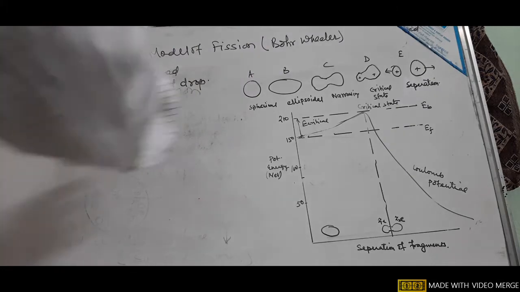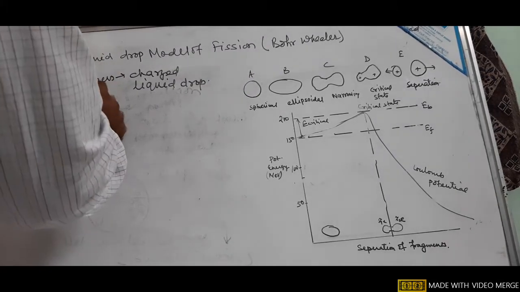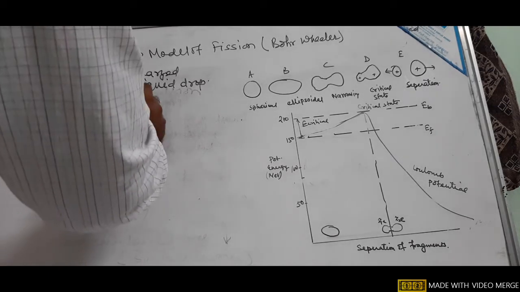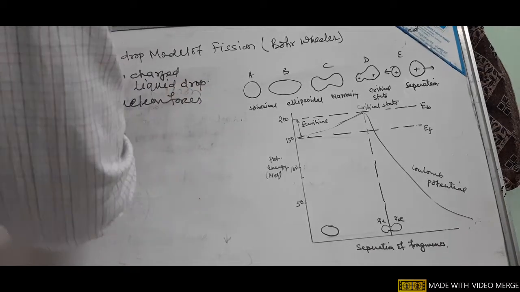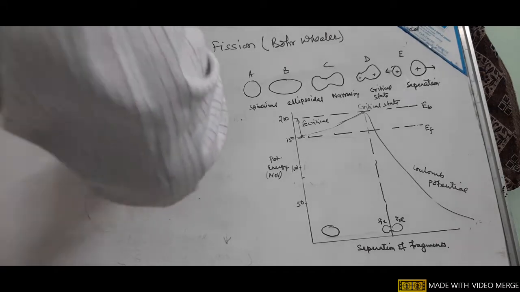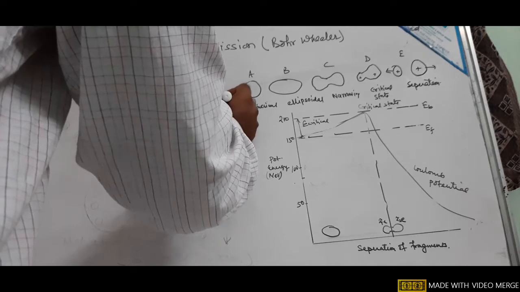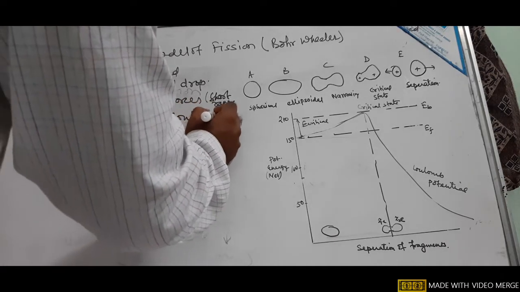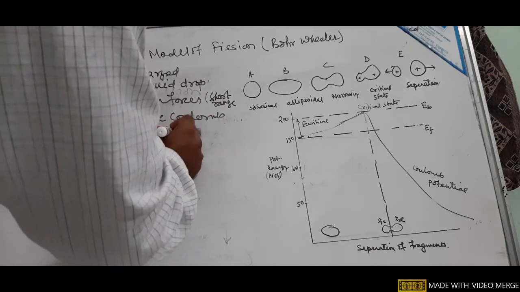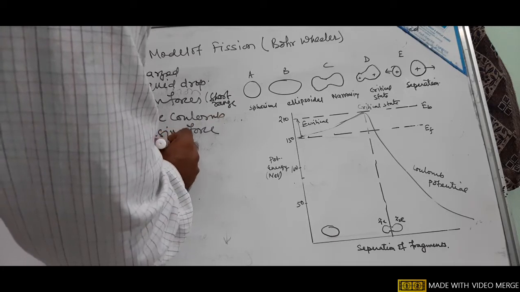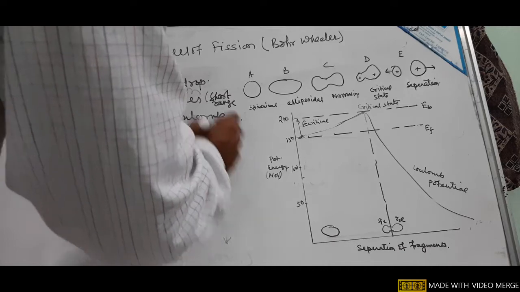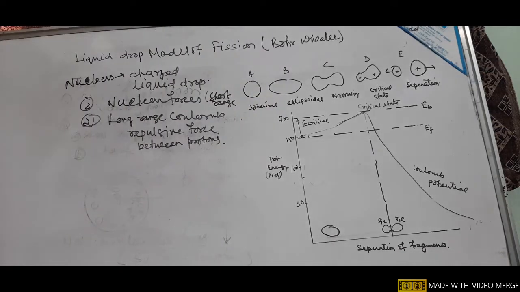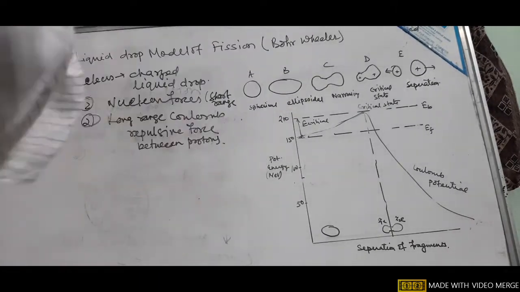The forces present are the nuclear forces, which are short range, attractive and charge independent, and the Coulomb repulsive force between protons, which is long range. So there is an interaction between the short range attractive force and the long range repulsive force.